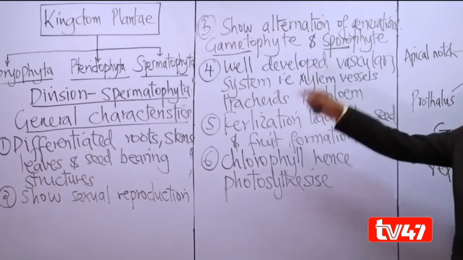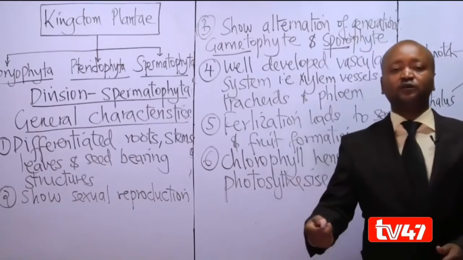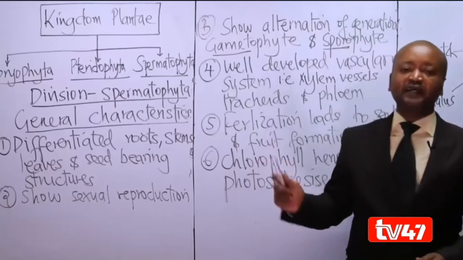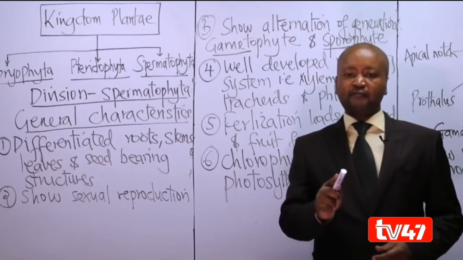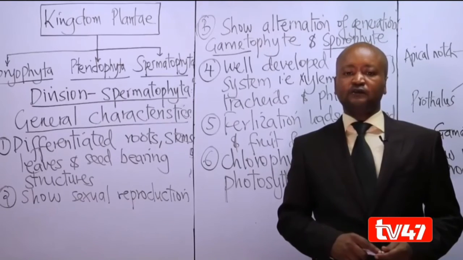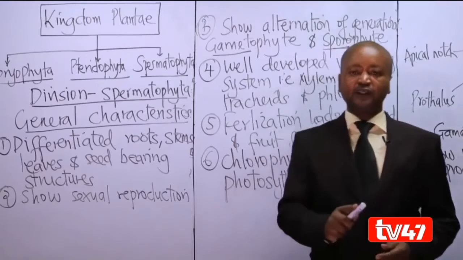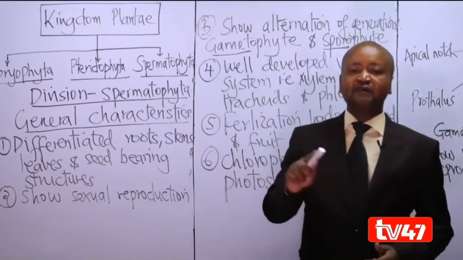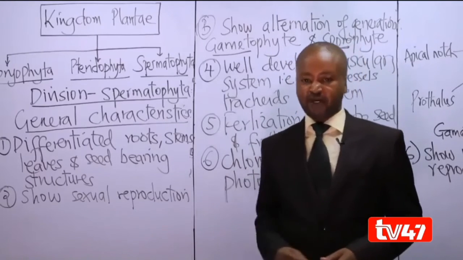So the general characteristics are there. We've looked at quite a number, and they are similar to the other characteristics. But what comes out clearly here is that it has got a well-developed vascular system that comprises not just the xylem, but the xylem has special cells, that is the xylem vessels and the tracheids, which are not found in other members.